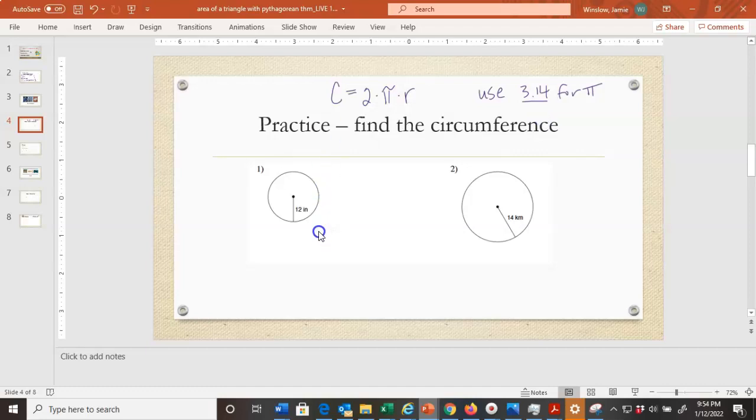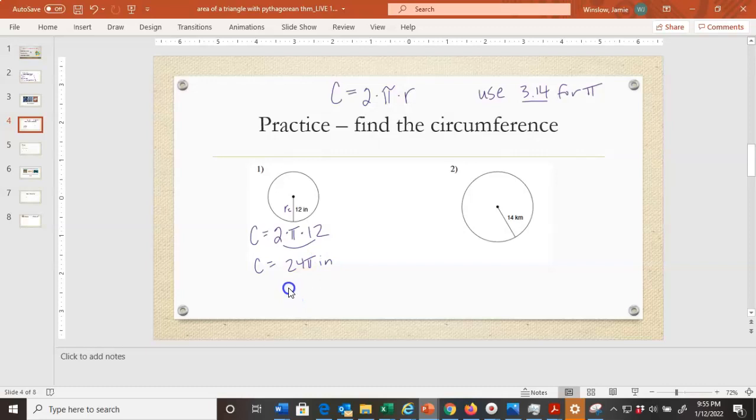So let's figure out the circumference of the circle. When we're doing formula problems, it might feel a little boring because you're just plugging it in, right? The radius is 12, so it's going to be 2 times pi times 12, which is, so 2 times 12 is 24 pi inches.